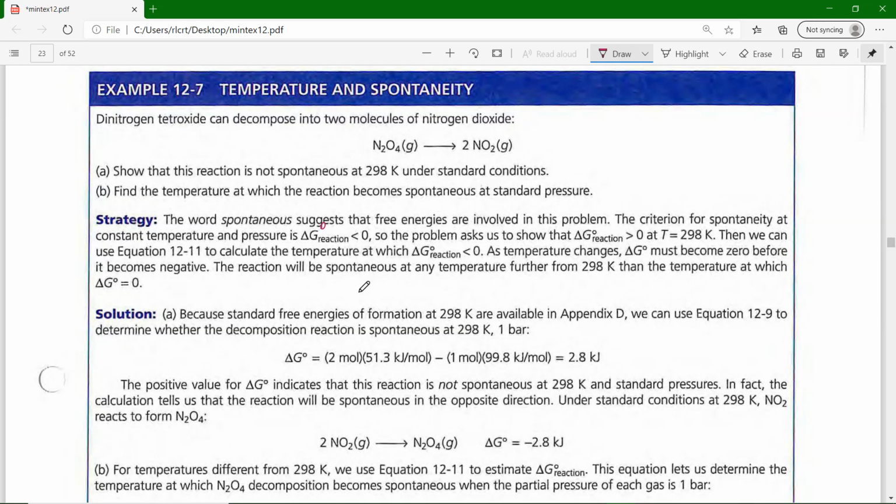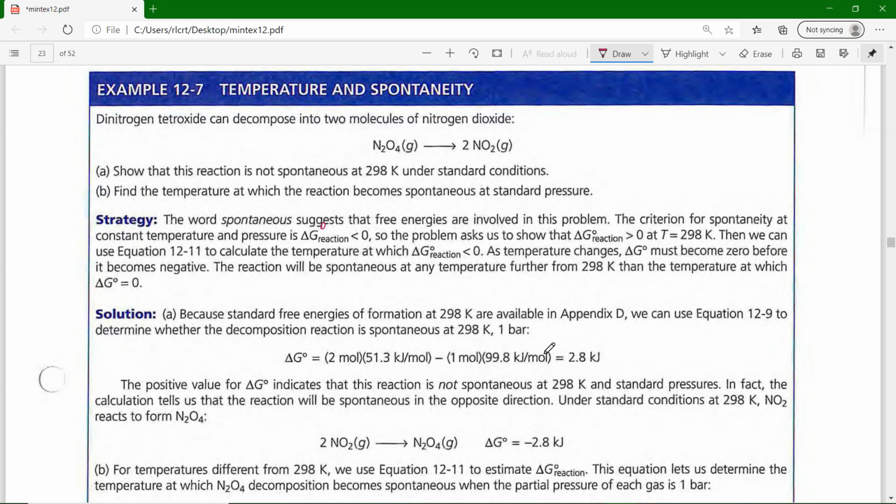Let's see. So I get 2 times 51.3 minus 1 times 99.8. That's what Appendix D tells us. Let me flip to Appendix D and just double check those numbers. Oh, I lost my bookmark. Okay, that happens. Oh no, I got it again. Nitrogen dioxide and dinitrogen tetraoxide.